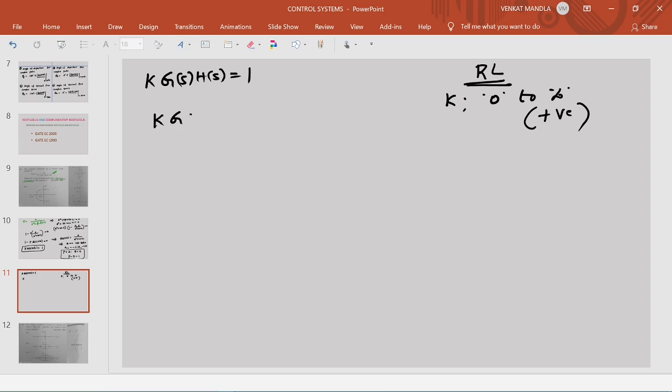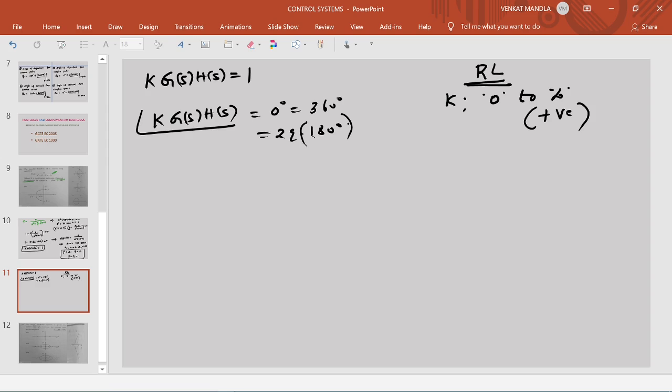So if K is positive, then what is the angle? 0 degrees or 360 degrees, that is, even multiples of 180 degrees. If the angle criterion is even multiples of 180 degrees, the rules to draw the root locus or complementary root locus will change.